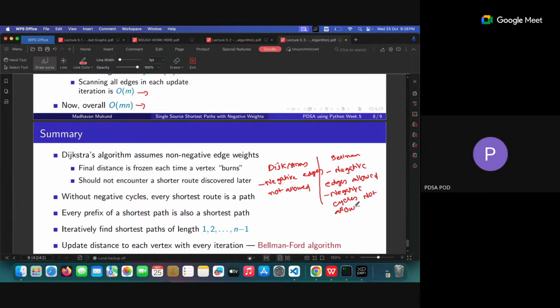And when do you see Dijkstra's? It is a greedy approach, a greedy approach of single source only.